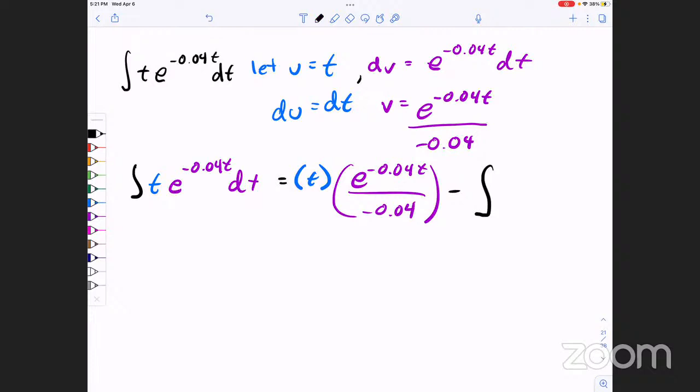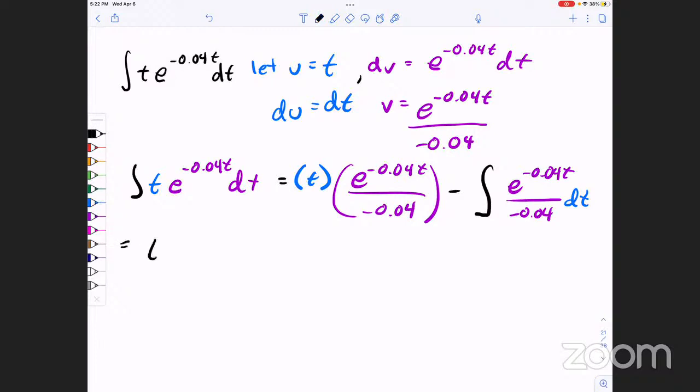Okay, so the integral of this e to the negative 0.04 t over, and du is just dt, right? See, now you see how this was simplified. Like we got rid of a term, right? So we're going in the proper direction. So I think now we can just integrate like normal, right? So we're going to bring everything else down.